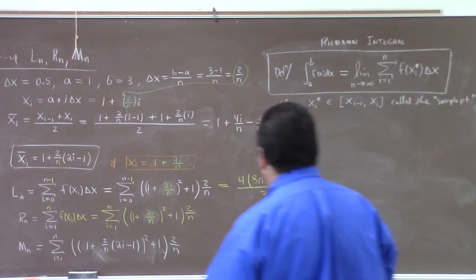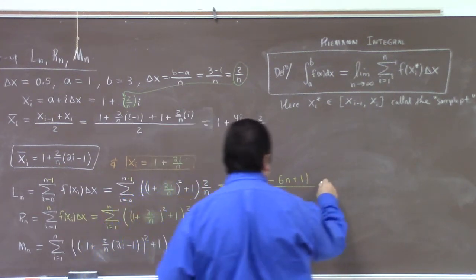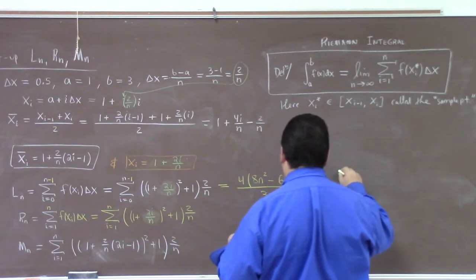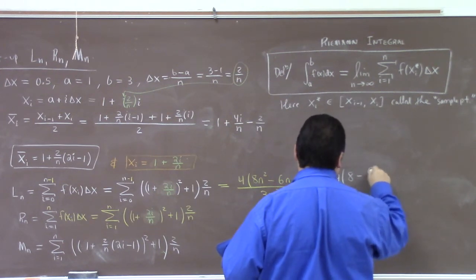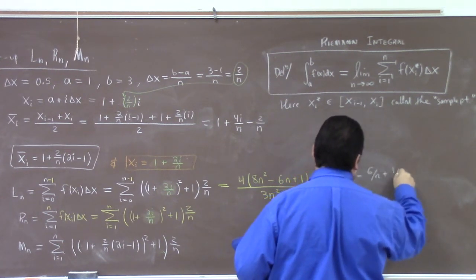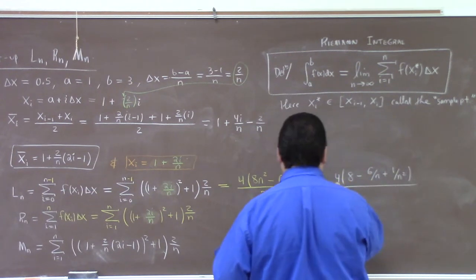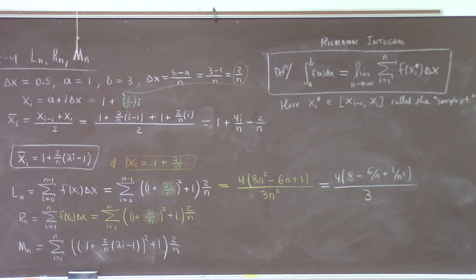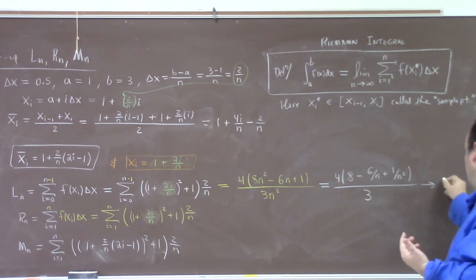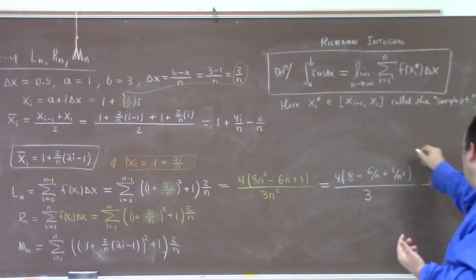If we divide the top and the bottom by n squared, what we have is 4 times 8 minus 6 over n plus 1 over n squared, divided by 3. So what I did was I divided the numerator and the denominator both by n squared. Now it's clear that this goes to 4 times 8 over 3 as n goes to infinity.